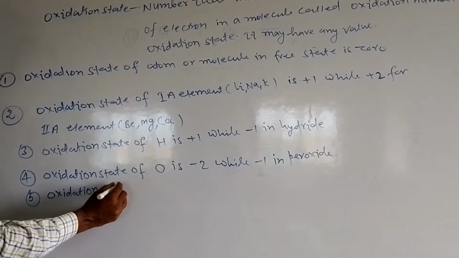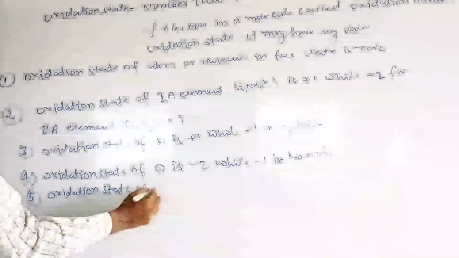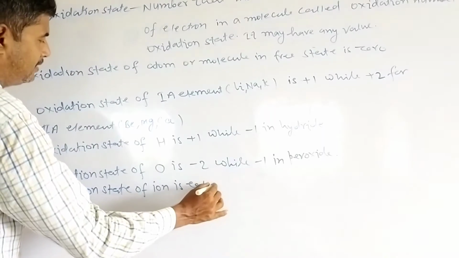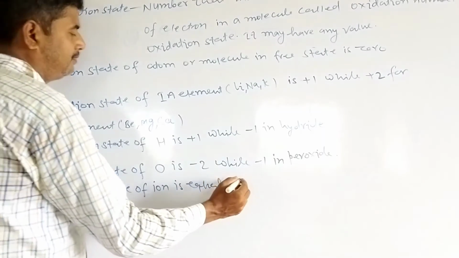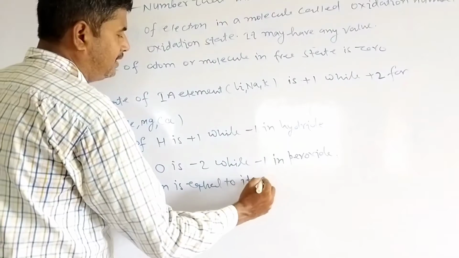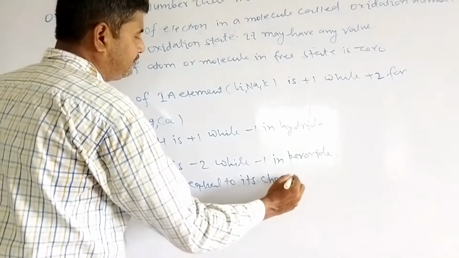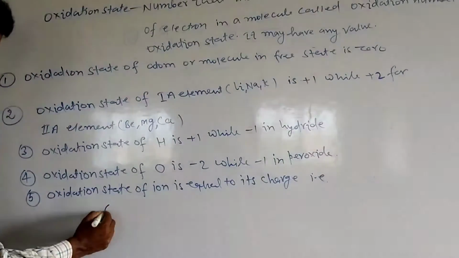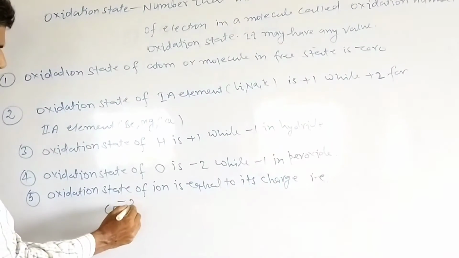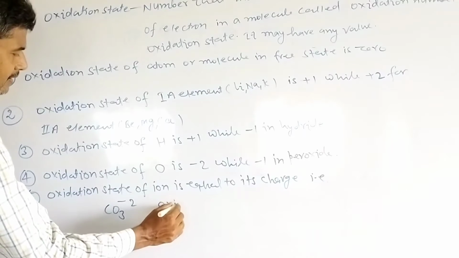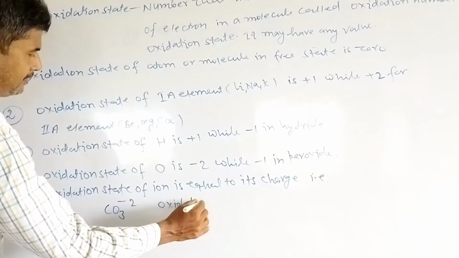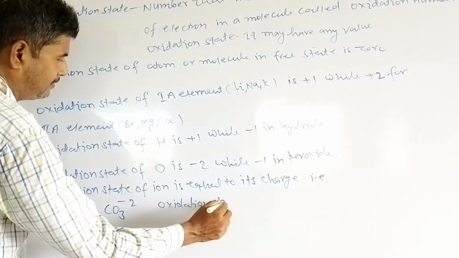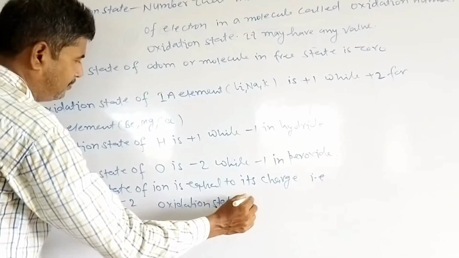Oxidation state of an ion is equal to its charge, that is, carbonate has -2 charge, so oxidation state -2.